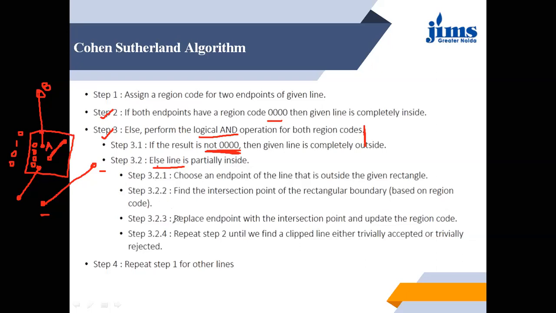Then replace the endpoint with the intersection point and update the region code. We repeat step 2 until we find a clipped line, either trivially accepted or trivially rejected. So this is the basic concept of the Cohen Sutherland line clipping algorithm.